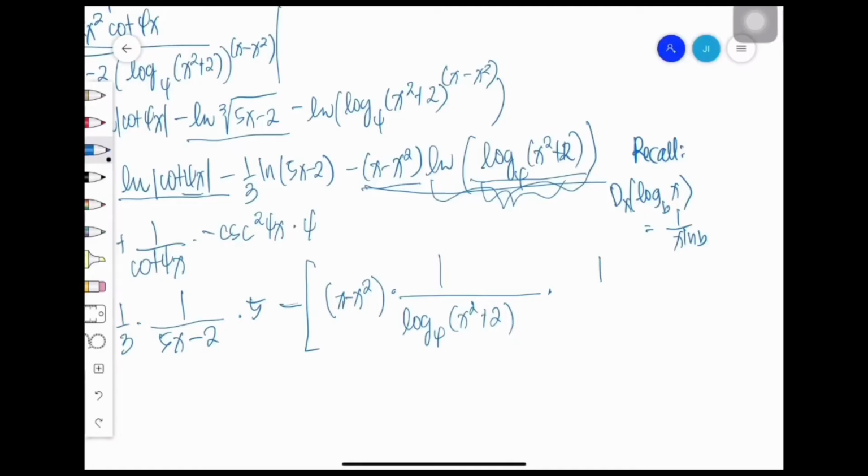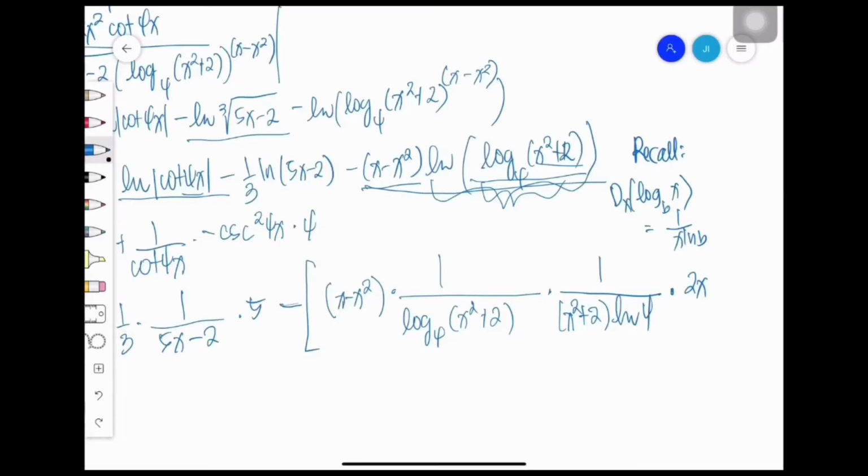That's 1 over x squared plus 2 times ln of 4. Are we done? Of course not, because there's still an inner function in here. So it's the derivative of x squared plus 2. That would be 2x, right?